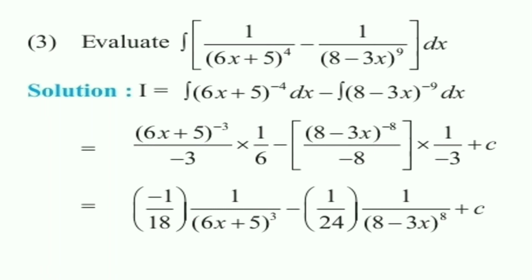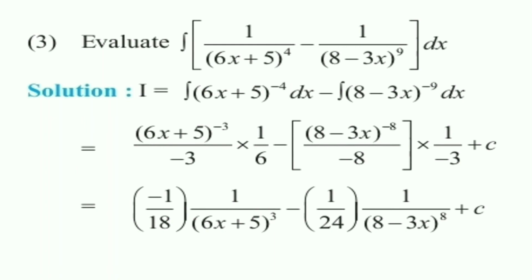I equals the integration of (6x + 5)^(-4) dx minus the integration of (8 - 3x)^(-9) dx, and this is equal to (6x + 5)^(-3) upon -3 into 1 upon 6, minus (8 - 3x)^(-8) upon -8 into -1 upon 3, plus c.